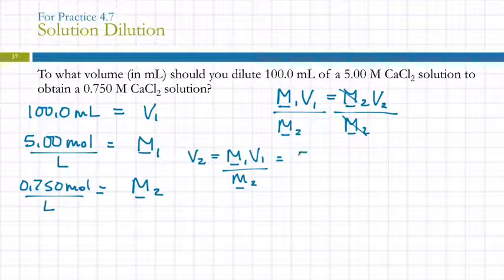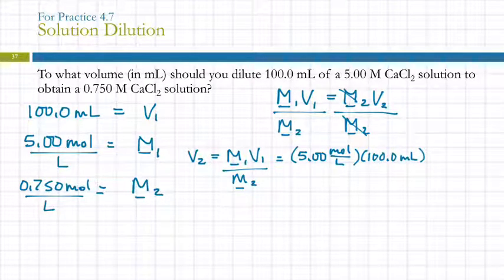Molarity 1 is 5.00 moles per liter. I highly encourage you to write your fractions as vertical fractions, not with a slash. Volume 1 is 100.0 milliliters. And then that's divided by molarity 2, which is 0.750 moles per liter.